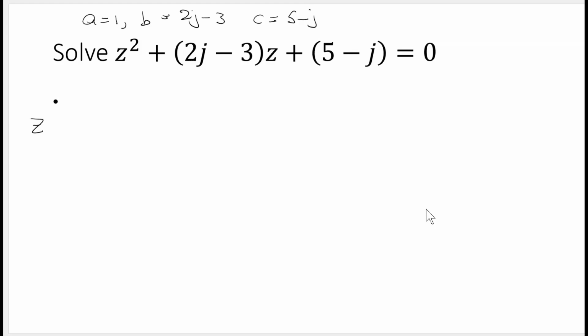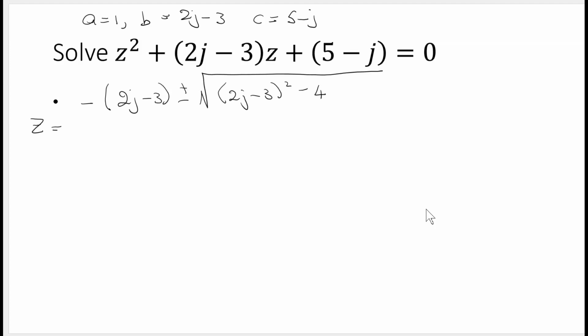So z is equal to the opposite of B plus or minus the square root of B squared minus 4 times 1, I don't need to put that in, times C, all divided by 2 times A, which is 1.